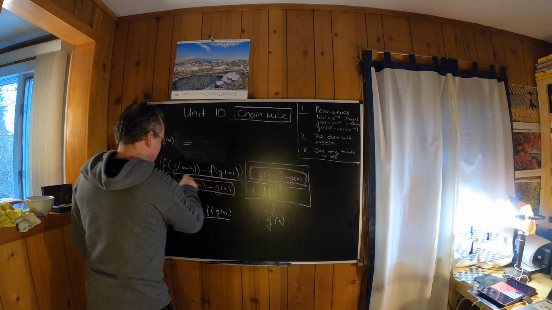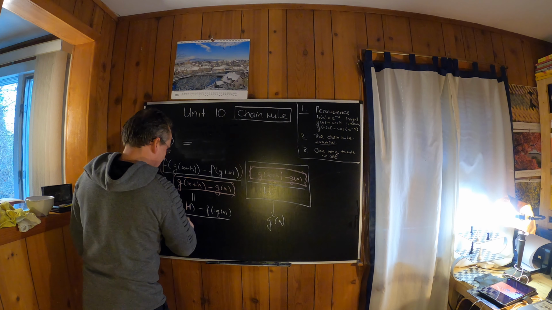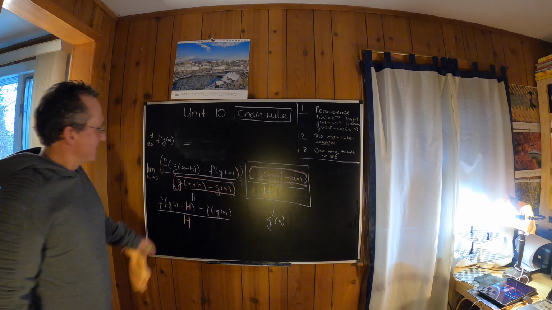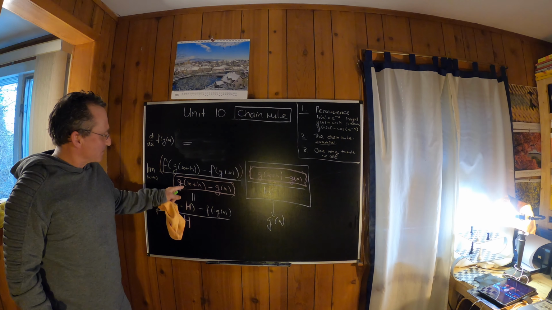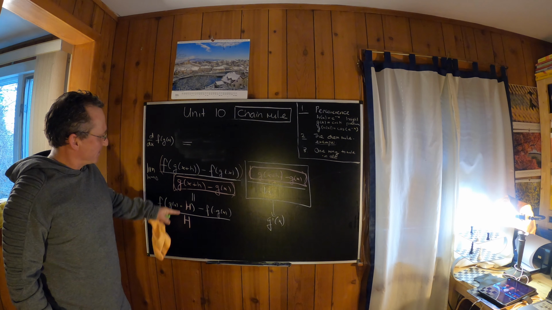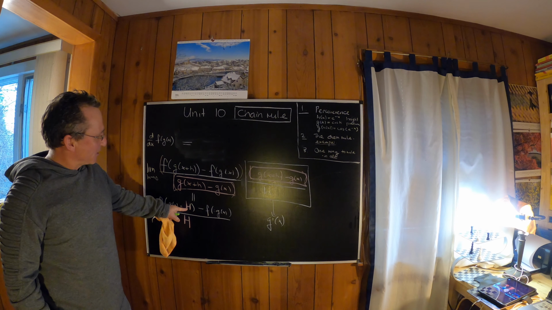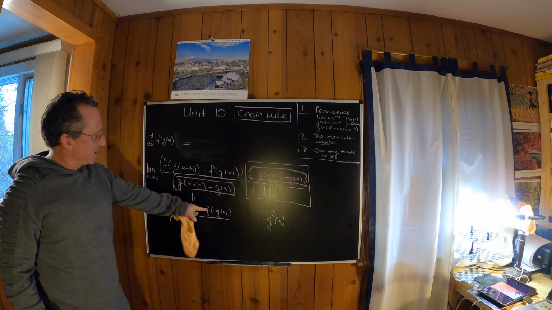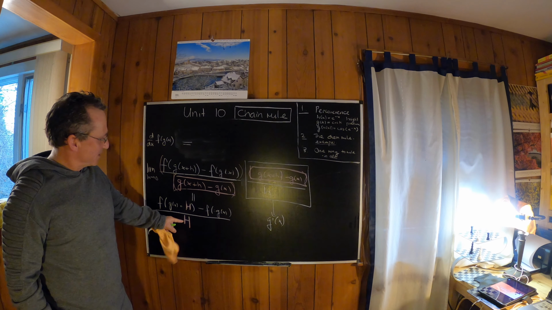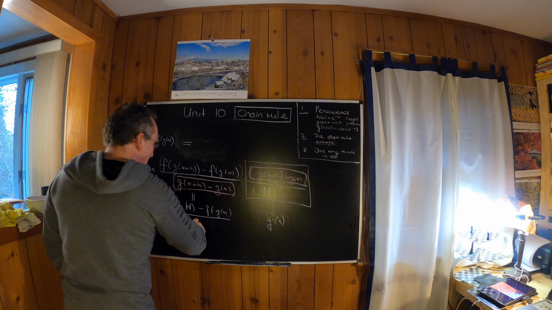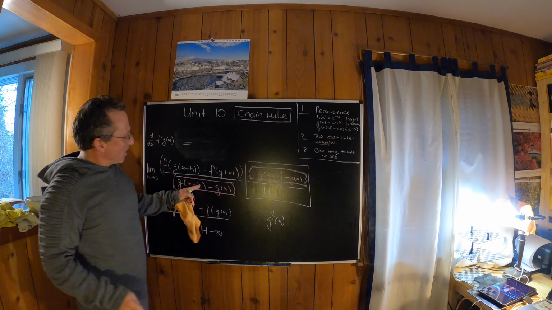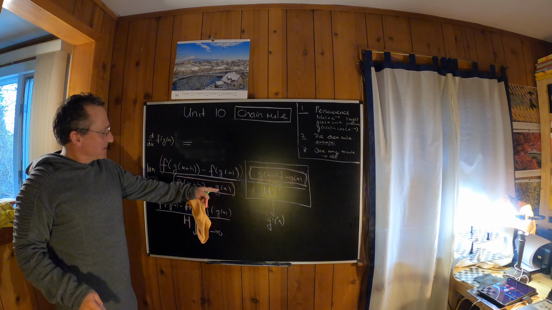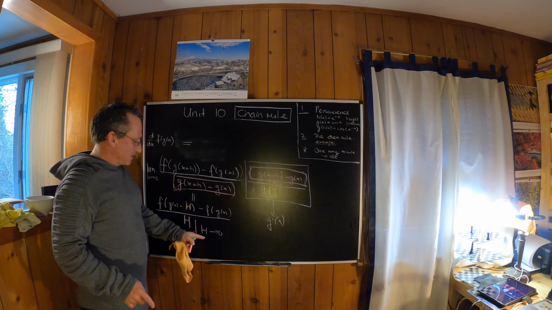So that is the h here, and that's the h. You see that? When I have g of x plus h, then the g of x goes away and the g of x plus capital H is here. So g of x plus capital H is what we have here. The f of g of x didn't change. But when small h goes to 0, then this goes to 0. So then also that goes.